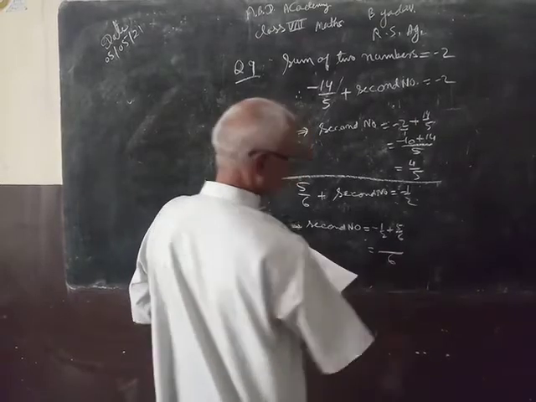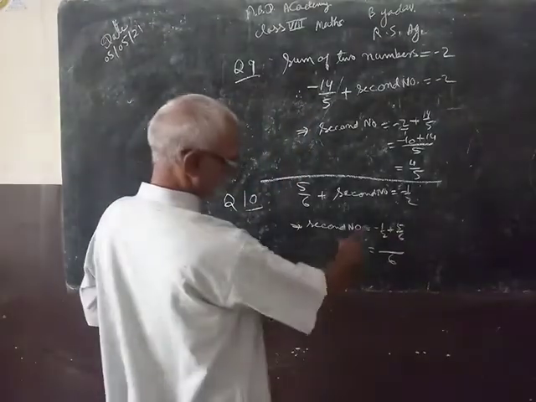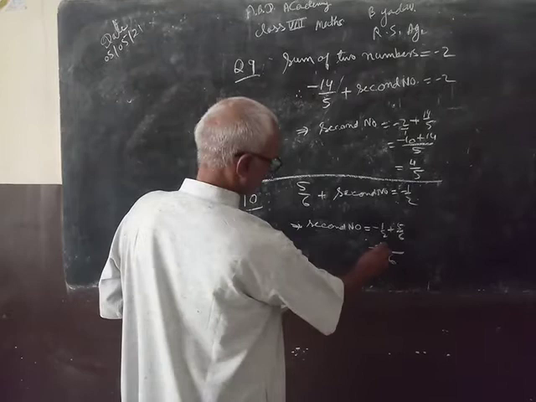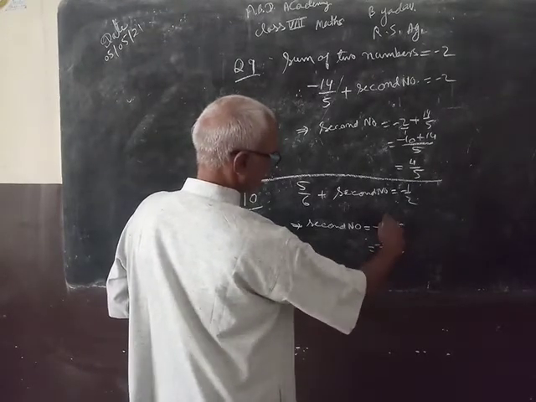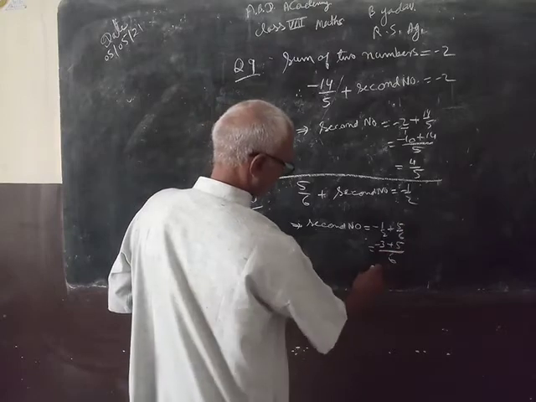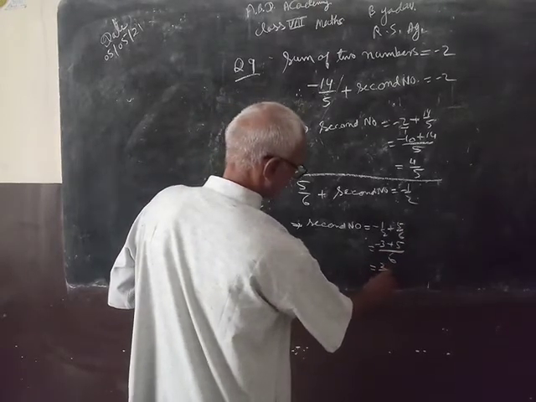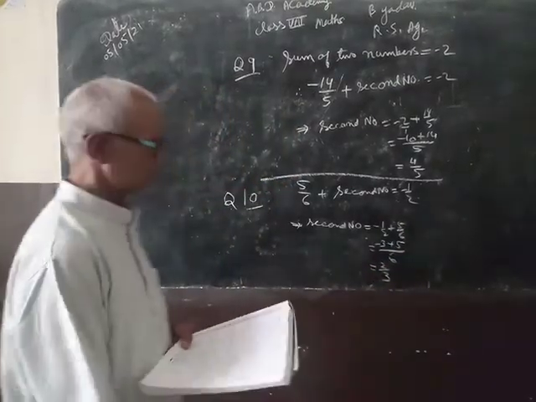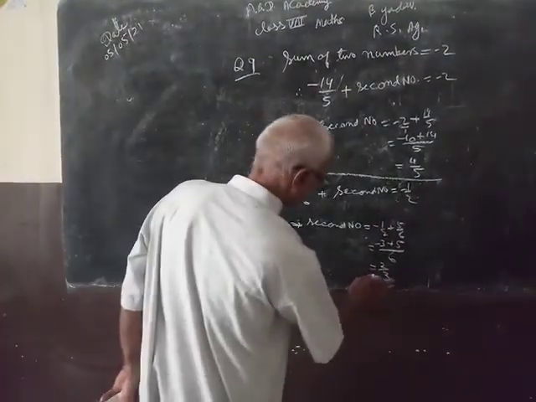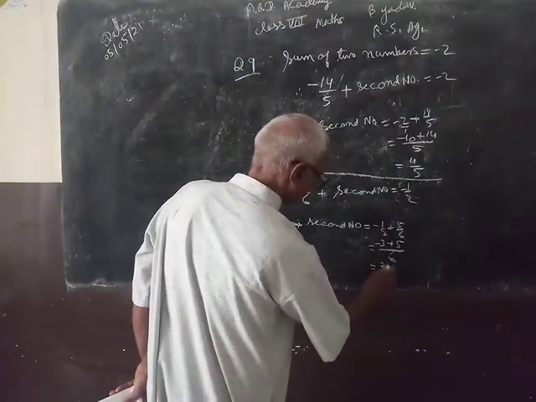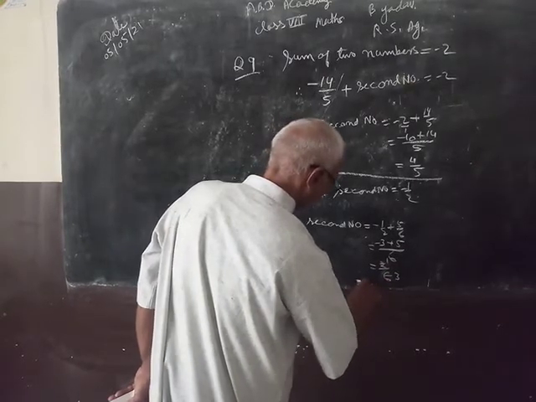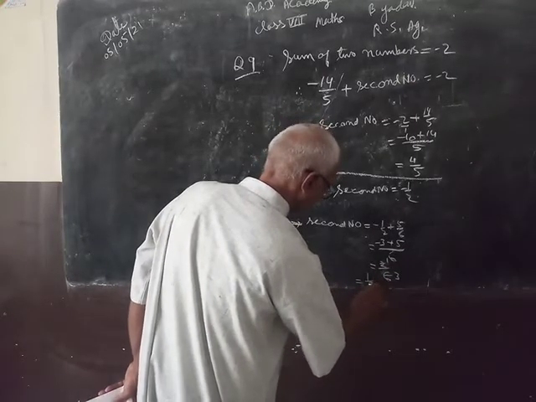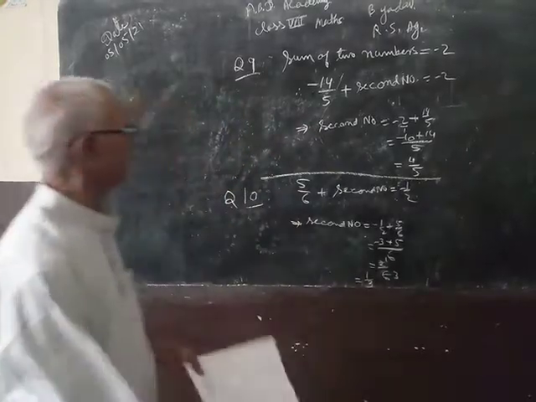Take LCM, LCM is 6 here. 2 3s are 6, so here minus 3 comes. 6 1s is 6, 1 into 5 is 5. So result is plus 2 by 6, which will cancel later on, and it becomes 1 by 3. Means second number is 1 by 3.